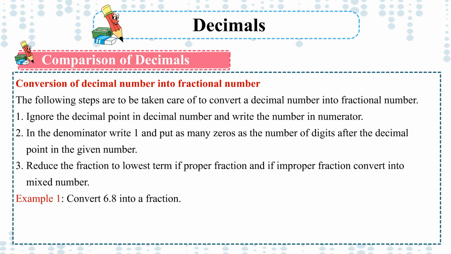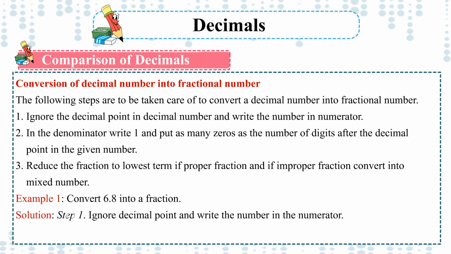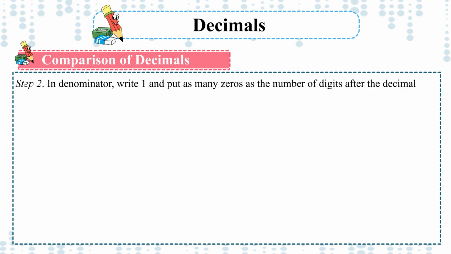Example 1. Convert 6.8 into a fraction. Solution. Step 1. Ignore decimal point and write the number in the numerator. So numerator is 68. Step 2. In denominator, write 1 and put as many zeros as the number of digits after the decimal point.